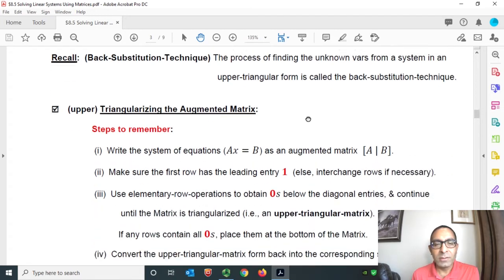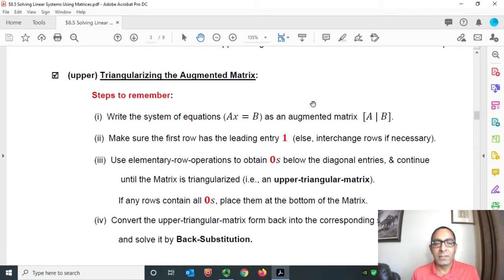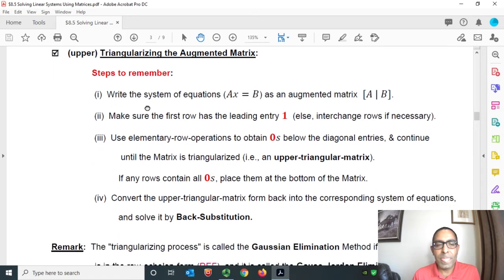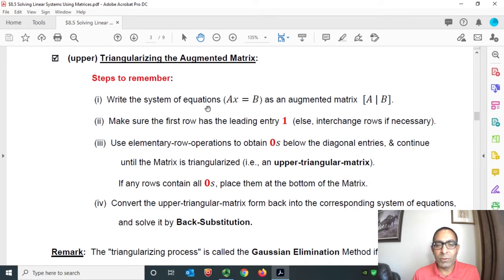Now let's move on. Next, triangularizing the augmented matrix, that is, how to convert the augmented matrix to upper triangular form. Here are the steps to remember. Step 1: write the system of equations as an augmented matrix. The augmented matrix is a matrix formed by adjoining the coefficient matrix and the constant matrix.